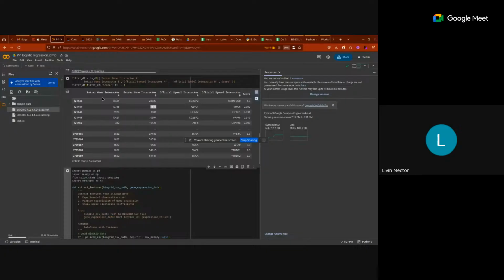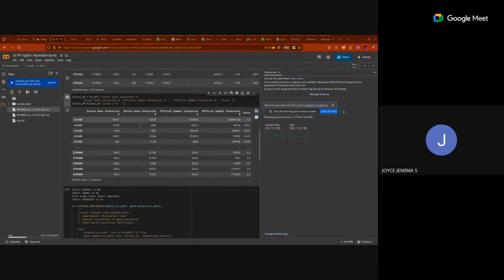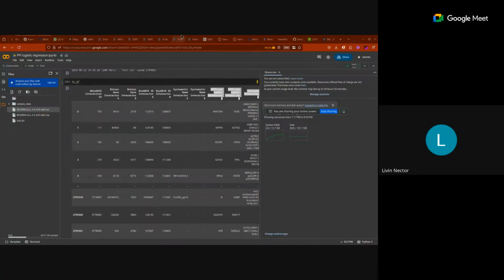Okay, let me show the final part. So, did you understand where we are getting the data from, and what's the data that we have? Yeah, to some extent. Anyhow, I'll be watching the recording again. Yeah. Basic idea is this data set called BioGrid.